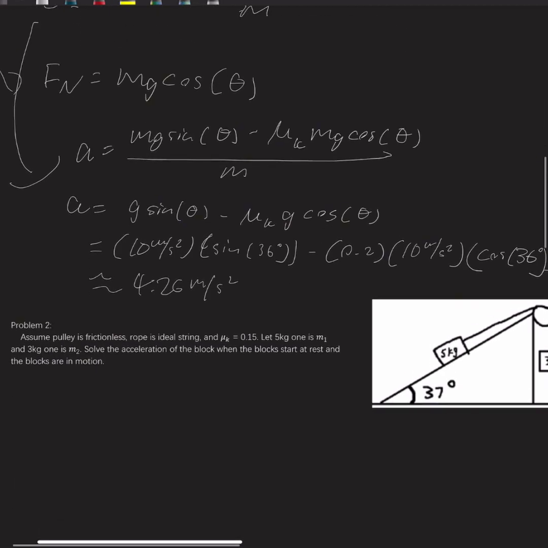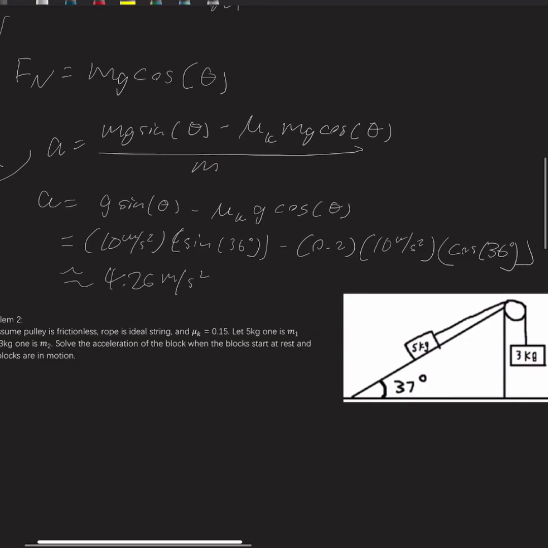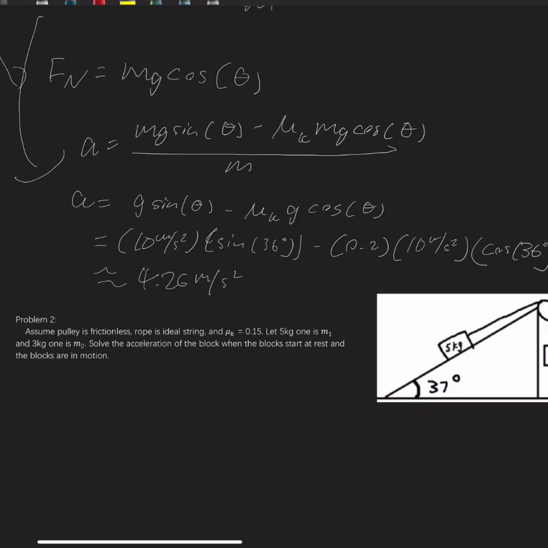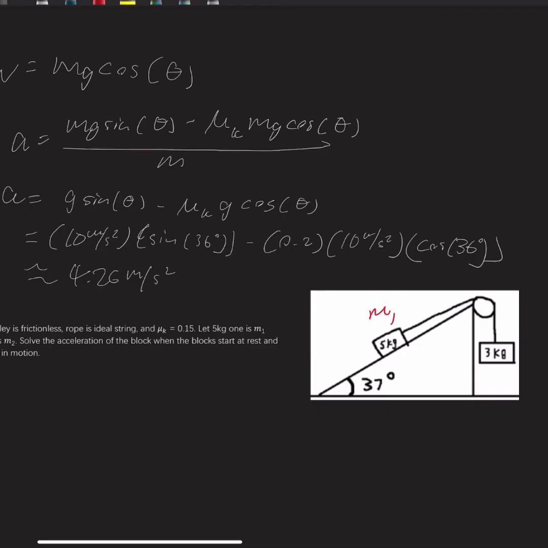Now let's look at problem 2. Assume the pulley is frictionless, the rope is ideal string, and mu k is equal to 0.15. The 5 kilogram one is M1, and the 3 kilogram one is M2. So this one's M1, this one's M2.